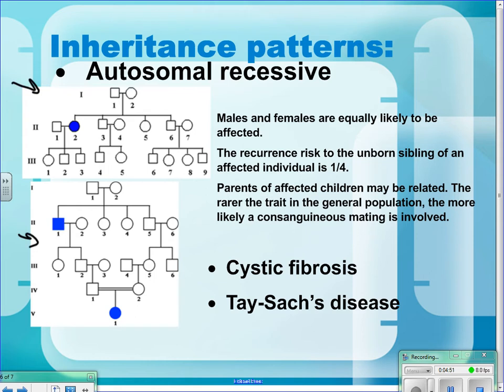Where these conditions can become problematic is if the parents are related. The rarer the trait, the more likely it is to develop the disease from a consanguineous marriage. Examples would be cystic fibrosis and a condition known as Tay-Sachs disease. So these are autosomal recessive.